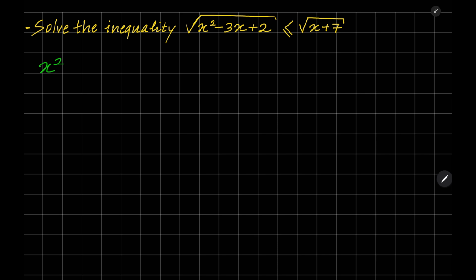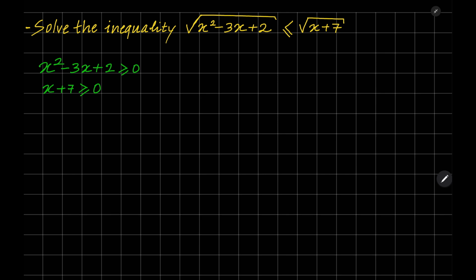x squared minus 3x plus 2 must be greater than or equal to 0, and x plus 7 must be greater than or equal to 0.